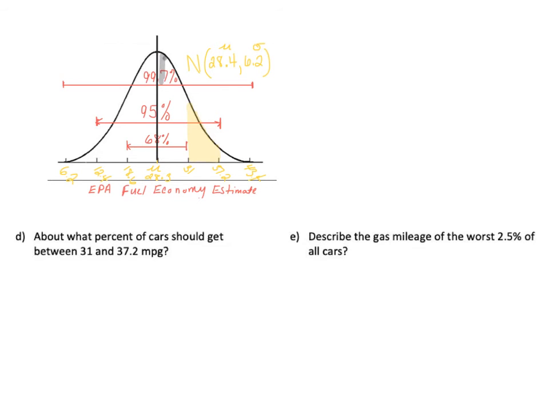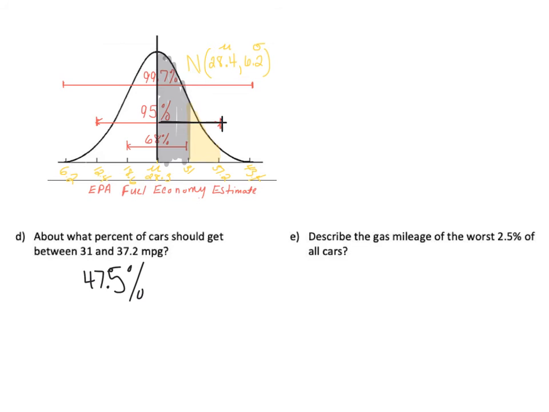So I'm going to actually use a little bit of subtraction. This region right here that I'm doing in gray, I'm going to use this. So I know that the area 2 standard deviations to the right would be 47.5% of my data.